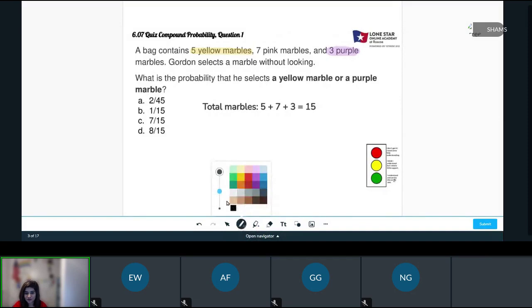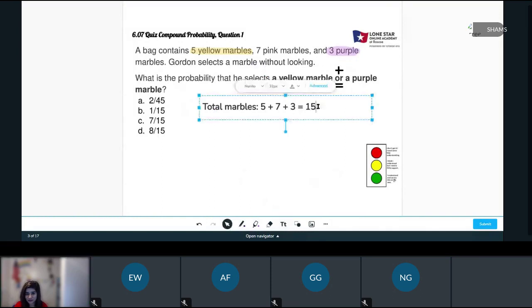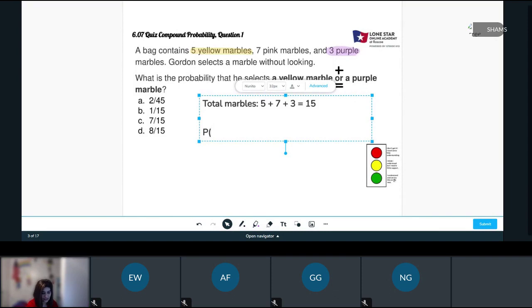We want either yellow or purple. The word or in probability means add. So our favorable outcomes: the probability of yellow or purple is going to be, we will add, 5 plus 3 over 15 total.